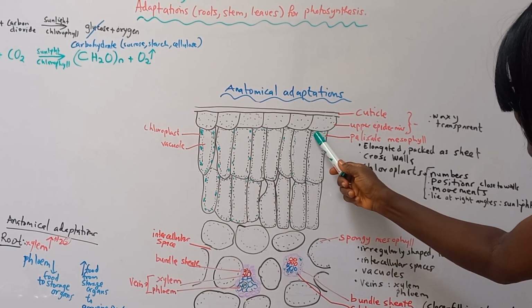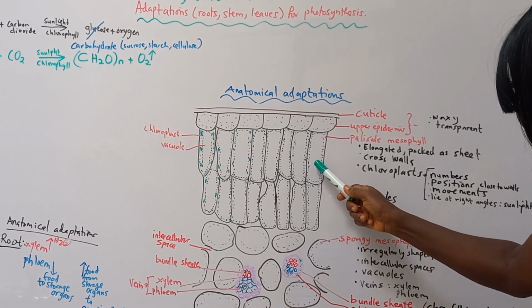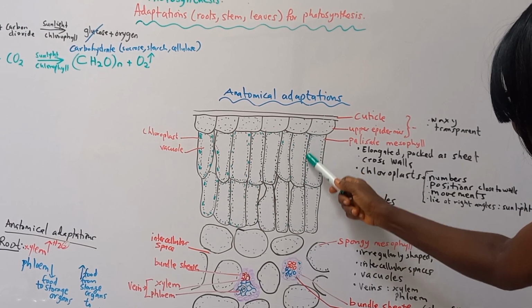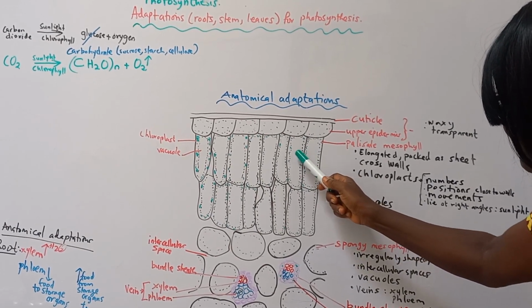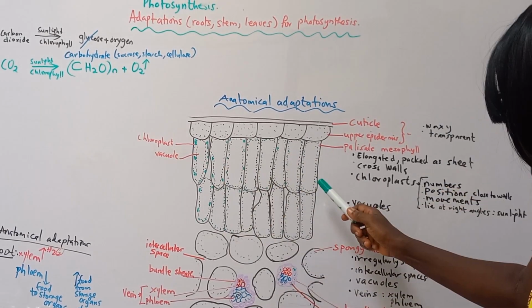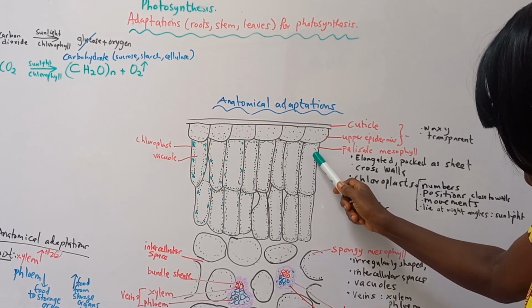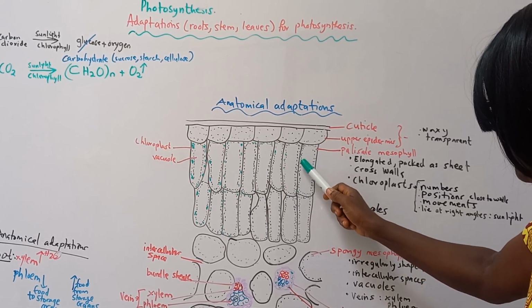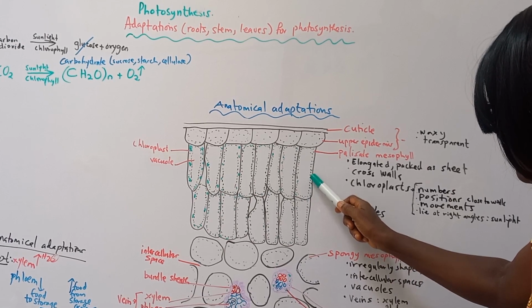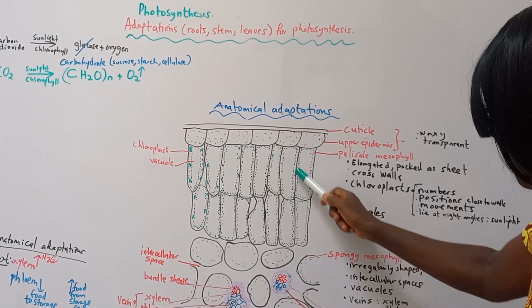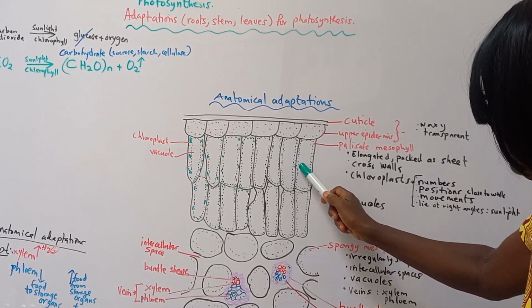Then the mesophyll cells have a lot of chloroplasts, plenty in number. These are the green bits, that's the chloroplast. And the chloroplasts are aligned very close to the cell wall because much of the space is filled by vacuoles.